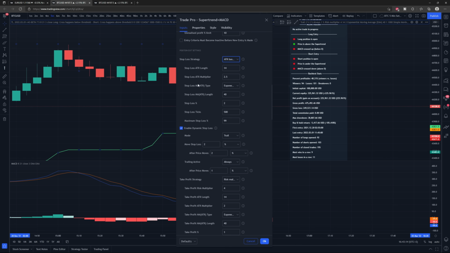Can customize that smoothed ATR as well with the moving average smoothing. And an additional thing that's also new is the ability to set a maximum stop loss percentage. So if we read this, you can use this as a safety net to prevent stop losses being placed way too far away from the entry price. Setting this at 10, for example, would result in the strategy never placing the stop loss further than 10% away from the entry price.